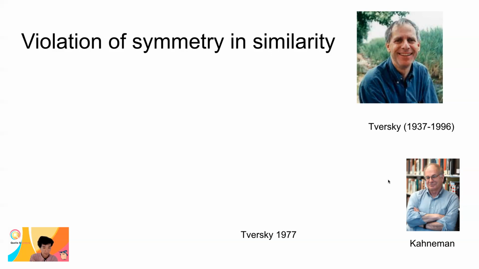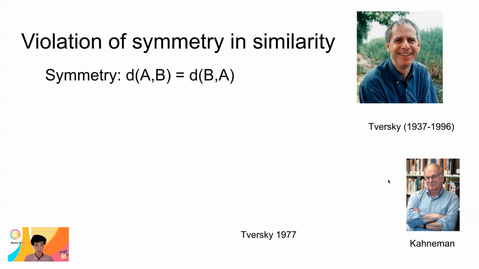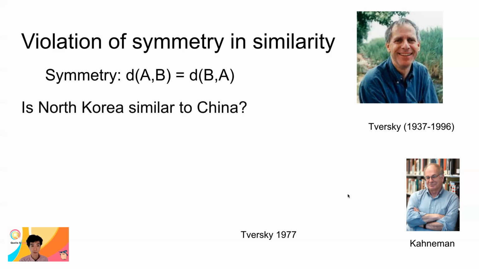But Tversky found that the symmetry of A and B is quite easily violated in perceptual decisions. So if I ask you, for example, most of the audience here would say that if you are asked, is North Korea similar to China?